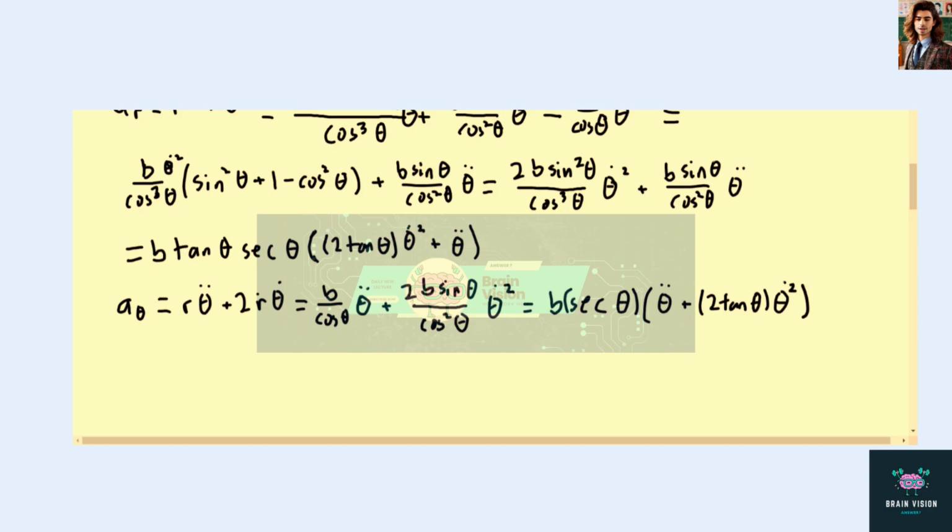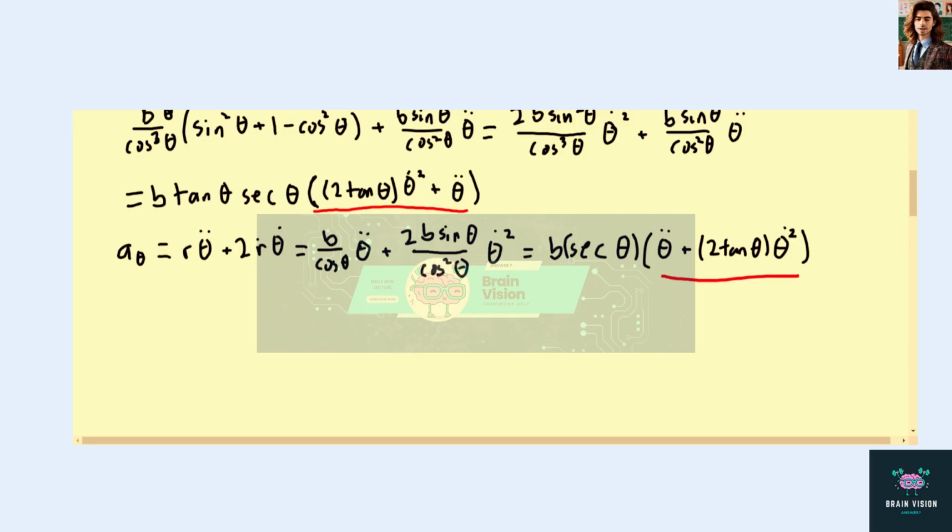Okay, and so we can see that in our a sub r, we have this 2 tan theta theta dot squared plus theta double dot, and in our a sub theta, we've got that exact same term. So that is going to make the calculation of the magnitude a little bit simpler.